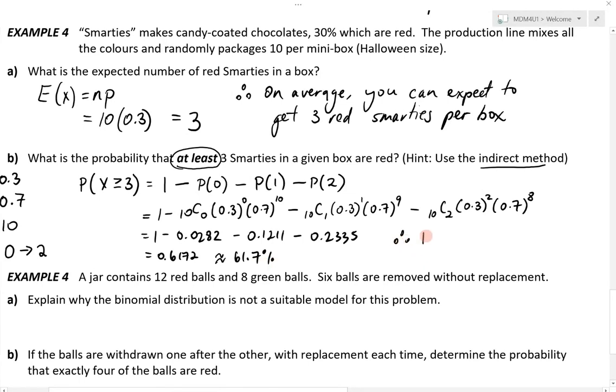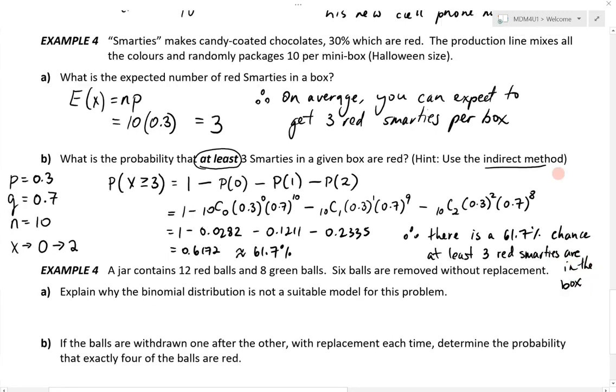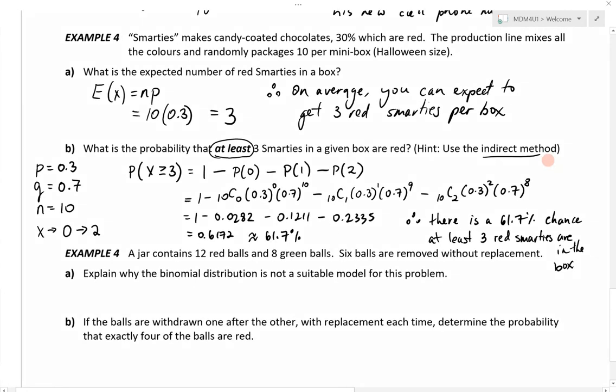So there is a 61.7% chance at least 3 red Smarties are in the box. I'm talking about at least 3 red Smarties.